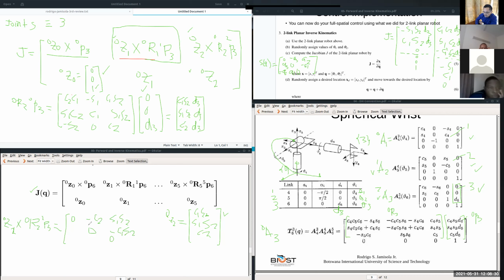Next, this is C2, so that is C2 here, positive. Next, that is the negative of that one, S1 S2. And then the negative of the first component. This is S1 S2. The first component, C1 S2.